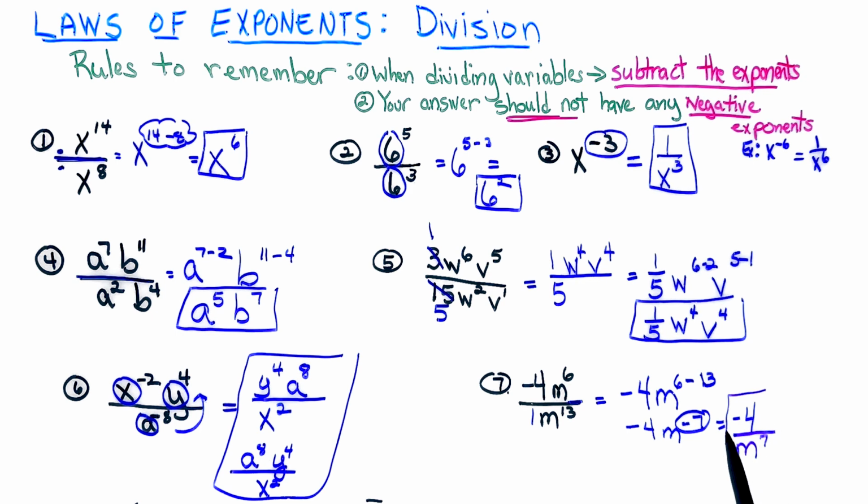When you're looking at all of these rules that you need to remember, I took multiplication separately and division, and there will be another video that is going to involve more complex problems to simplify, combining both of those sets of rules.